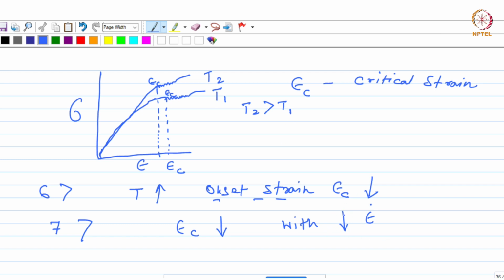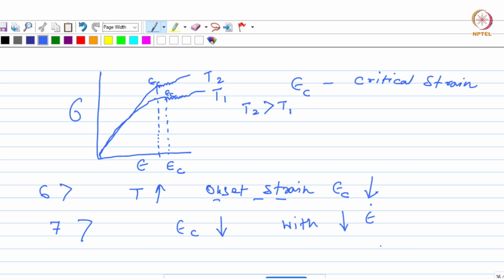When you decrease the strain rate, that essentially means you are decreasing the rate of deformation, or in other words, you are slowing down the dislocations, right? So as the deformation rate decreases, the velocity of dislocation movement will also decrease, and as a result, the solute atoms will be able to catch up with the dislocations quicker, and the onset strain will decrease as you decrease the strain rate.